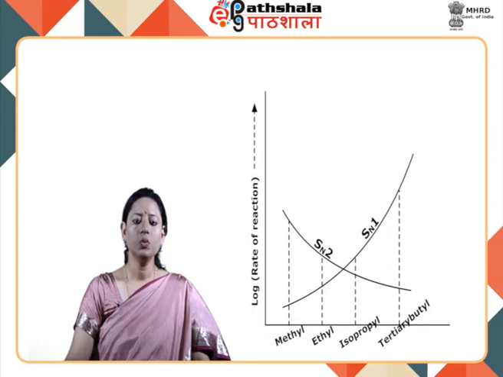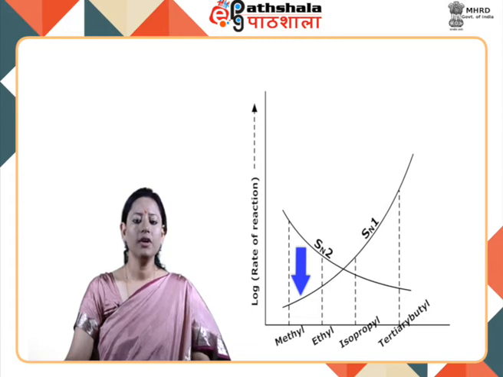For the SN2 pathway, the rate decreases as we move from methyl to tertiary butyl bromide, whereas for the SN1 mechanism, the rate of hydrolysis increases from methyl, that is a primary, to tertiary butyl bromide. The minimum in the curve is attributed to a shift in the reaction mechanism from SN2 to SN1.